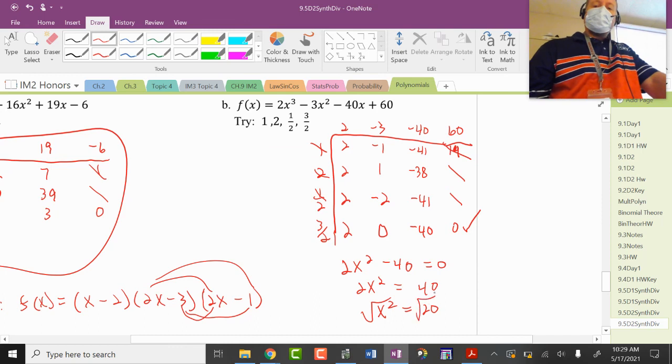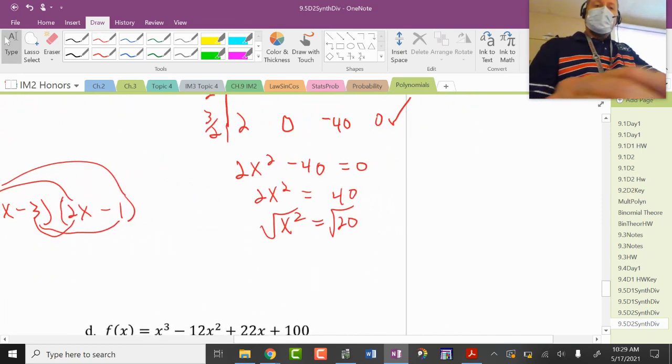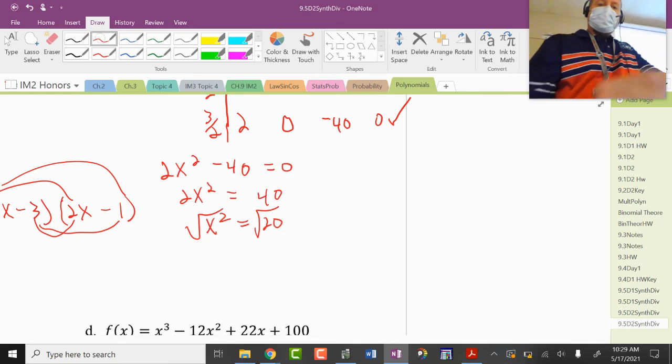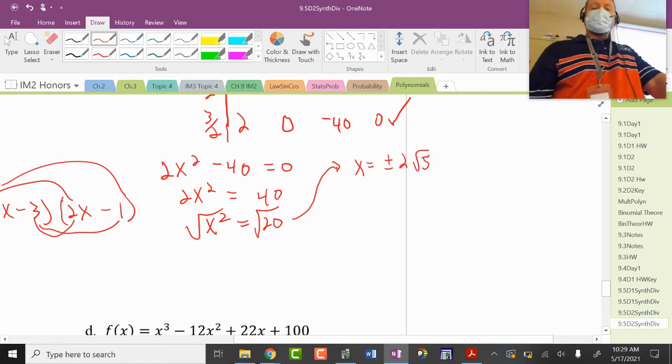Square roots. Oh boy, running out of room here. Square root of 20 is square root of 4 times 5. Square root of 4 is 2. So x equals, no i number, 2 root 5.